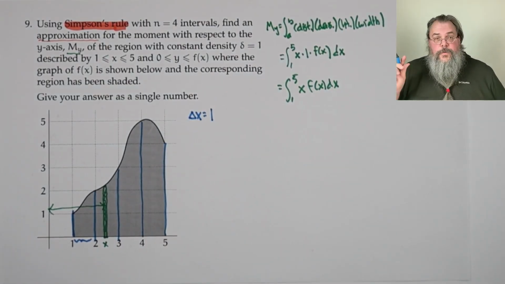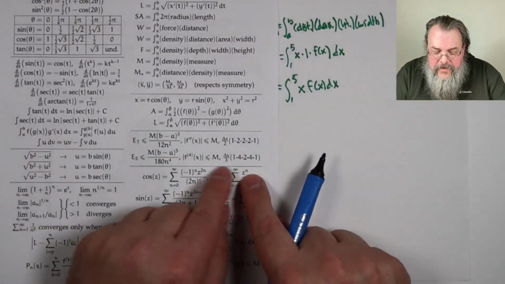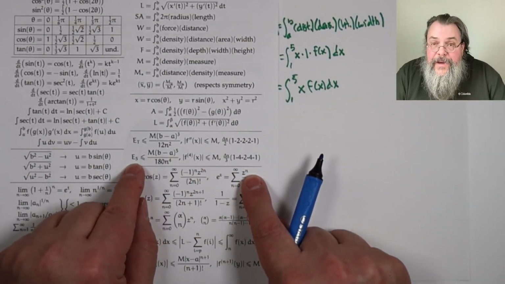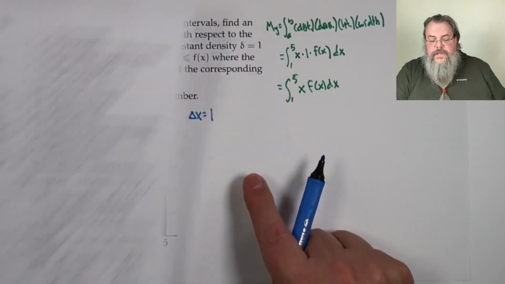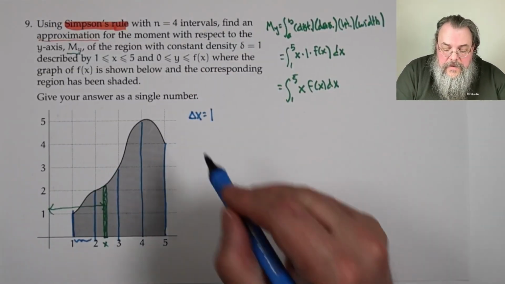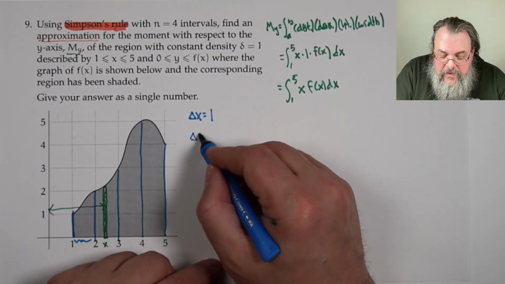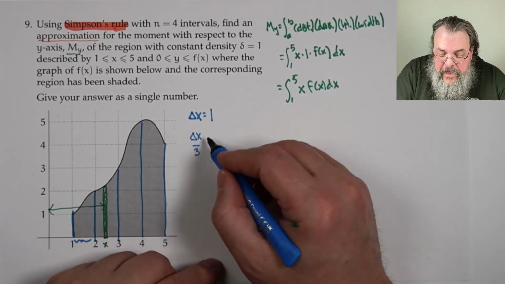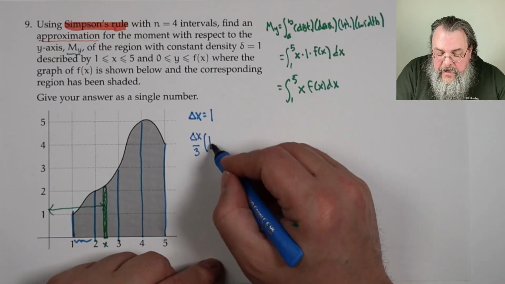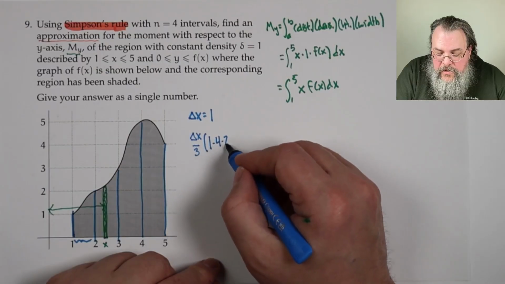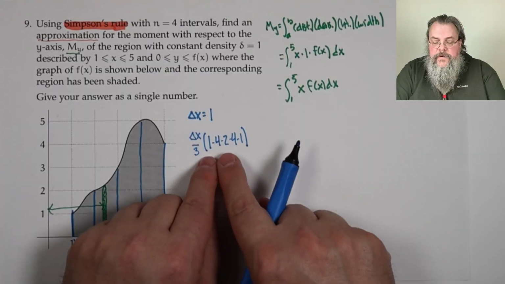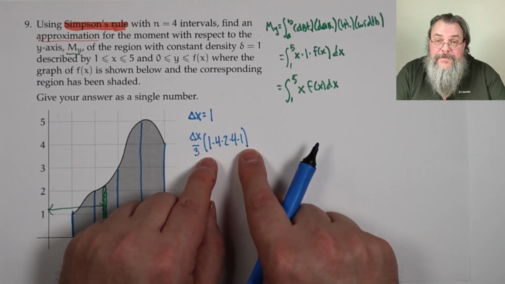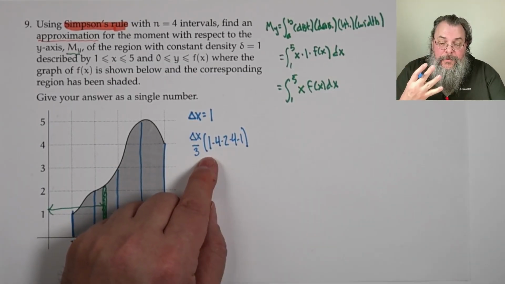Now, when we're doing Simpson's rule, there's a very convenient guideline here. See the S for Simpson's. I'm just going to copy it down from memory: delta x over 3, and then there's this pattern 1, 4, 2, 4, 1. That's if you have 5 data points, n equals 4.